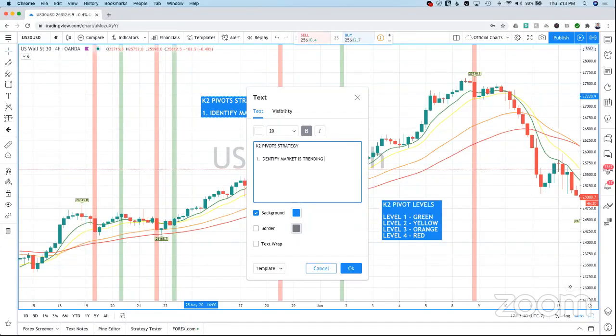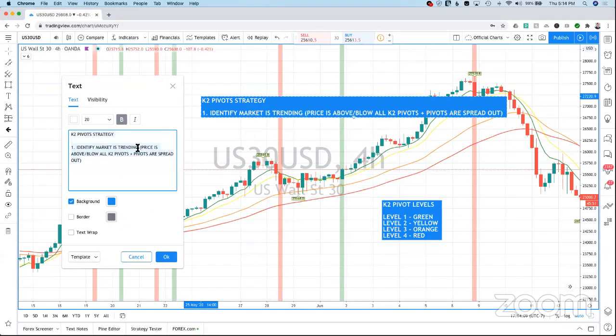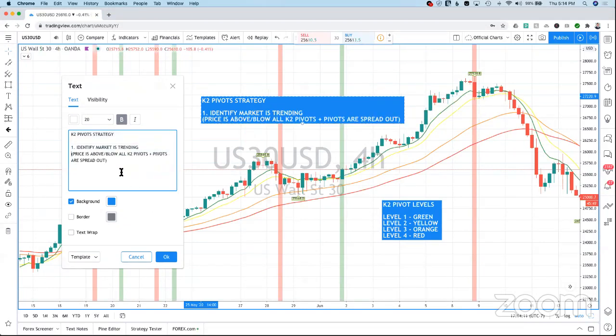So the way to identify market is trending: price is above or below all K2 pivots, and pivots are spread out. So that's number 1.